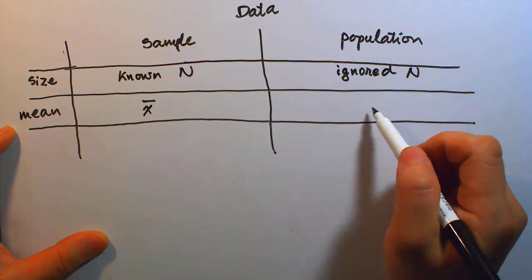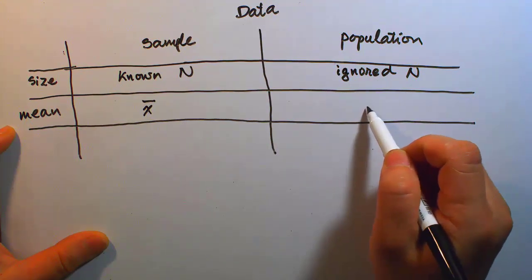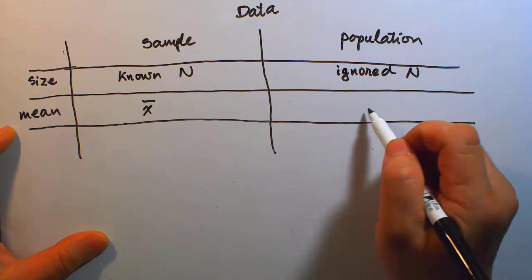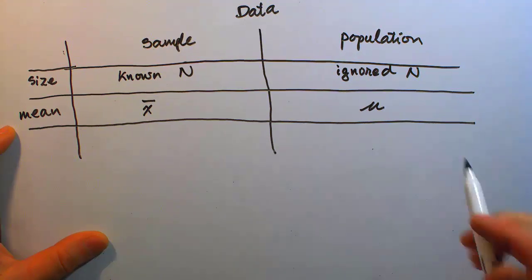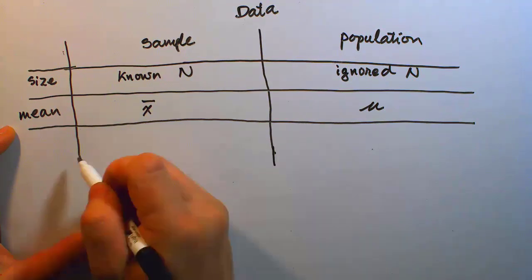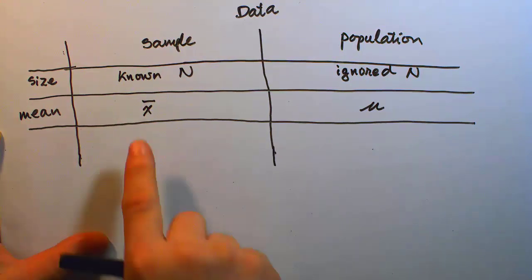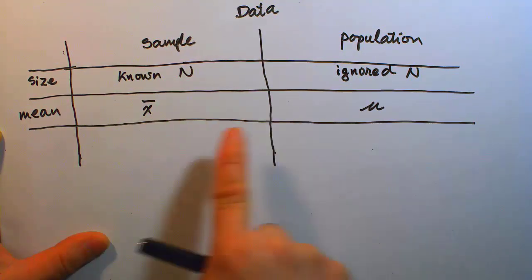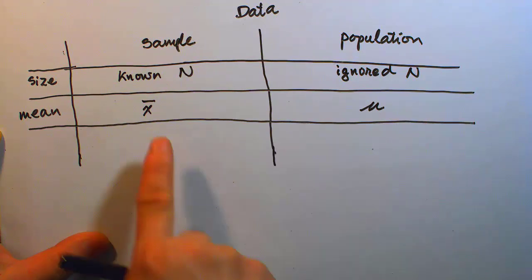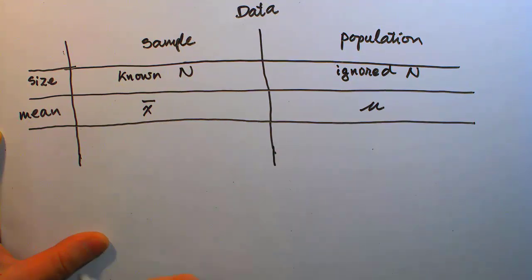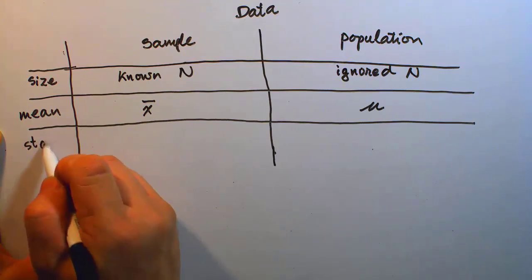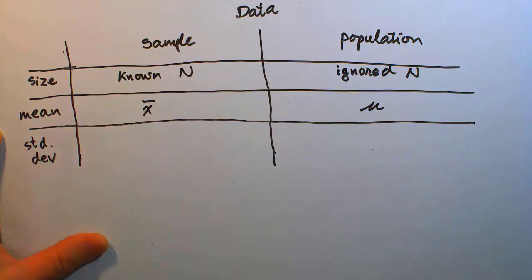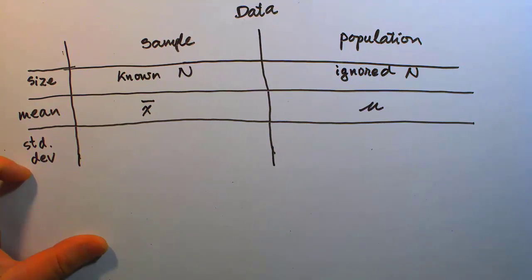The mean value of population data is regarded as the population mean, and we use the symbol mu. Once we've found the mean, being the center of the data, either in a sample or a population, then the standard deviation needs to be calculated: the average spread of how data values are spread away from the center.